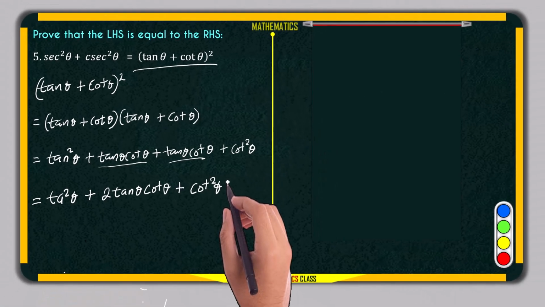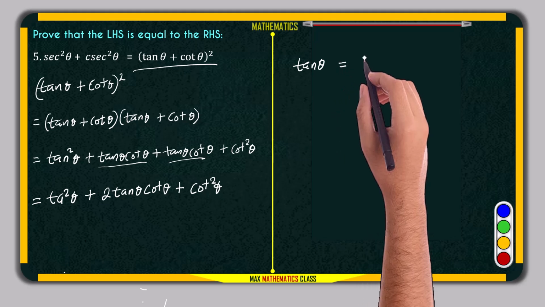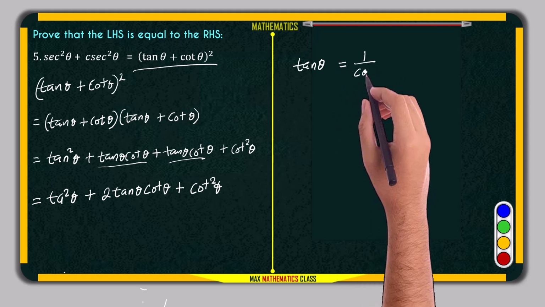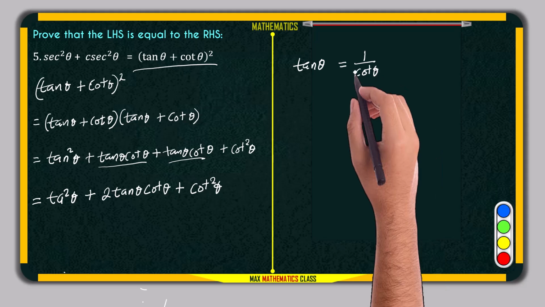So we also know that tan theta is equal to 1 over cot theta. So they are reciprocal identities.